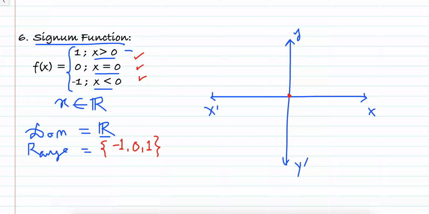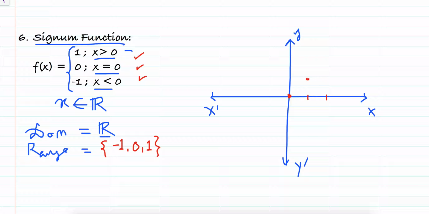So one point would be here. If x is greater than 0, then it will be 1.